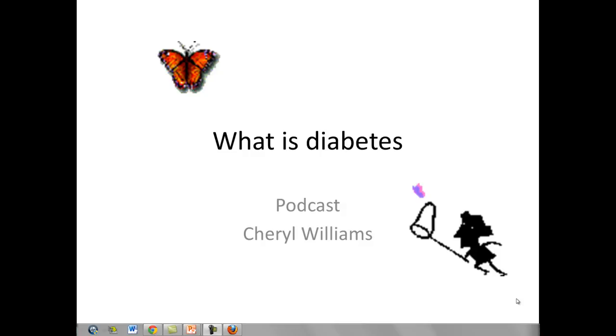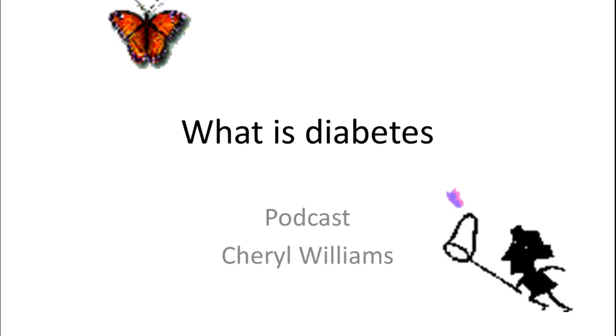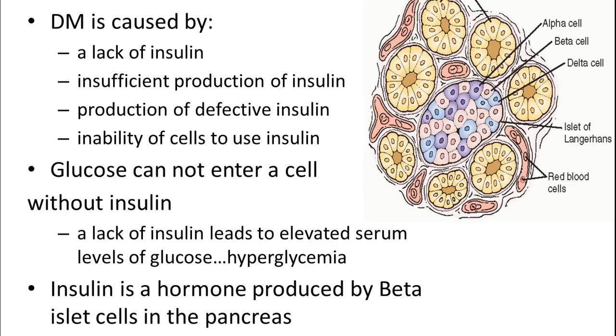So, first, we'll just start off with what is diabetes? Diabetes is really caused by a lack of insulin, as we talked about before. It's really the insulin deficiency.